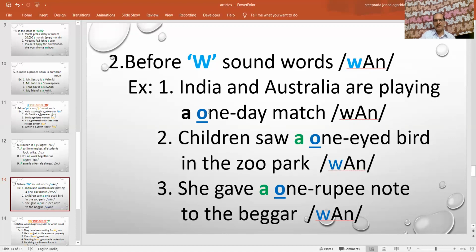Next, children saw a one-eyed bird. Here also the consonant sound of W is produced from this vowel letter O. That's why we have to say a one-eyed bird, not an one-eyed bird. Similarly, she gave a 1 rupee note to the beggar. A 1 rupee note here also.